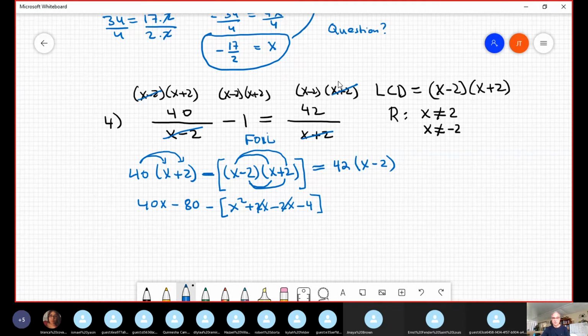Now this and this cancel. Leave it like that for a moment, and it's no surprise because it's a difference of squares. And this is 42x minus, I suppose, 84, no? 42 times 2 is 84.